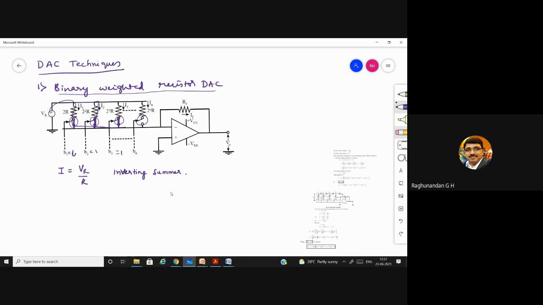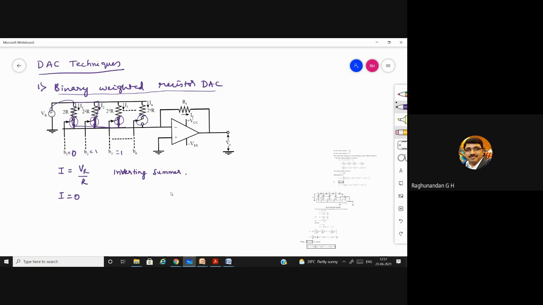Whenever this bit is equal to 0, the current will be 0 because the switch will be open. This is what we are going to consider in the operation. So whenever the bit is equal to 1, the switch is closed and the current flows. Whenever the bit is 0, the switch is open and current will not flow, so the current will be 0.